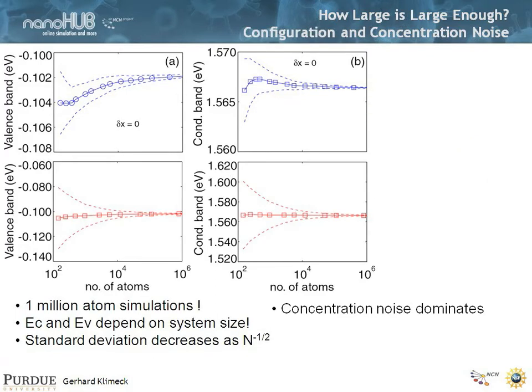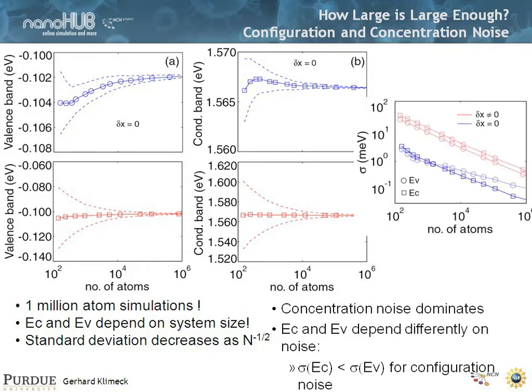Now, if you do the same thing but allow for concentration noise, we already know that the concentration noise is much larger, so the fluctuations are much larger, and it doesn't show this non-monotonic behavior. If you just plot the noise, it's ballpark 2 orders of magnitude, or 1.5 orders of magnitude, larger than the configuration noise. So again, concentration noise dominates.